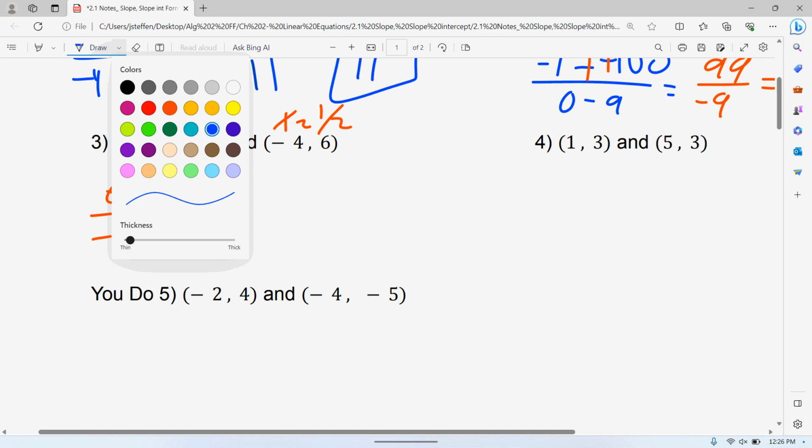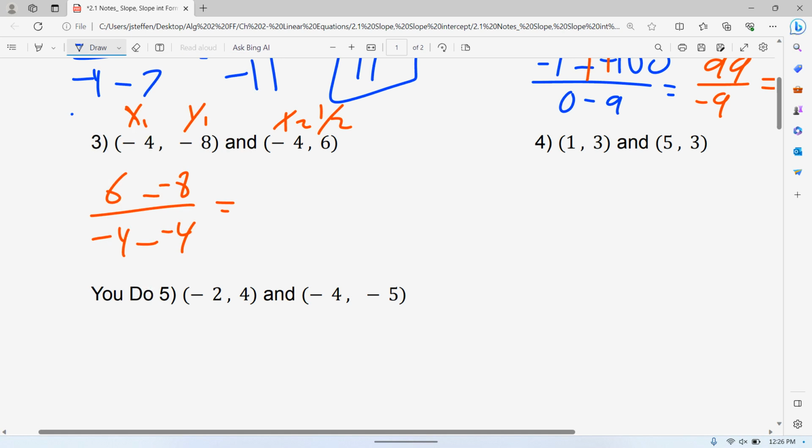I would just put in your calculator 6 minus negative 8. But minus negative is positive, so that's 14.